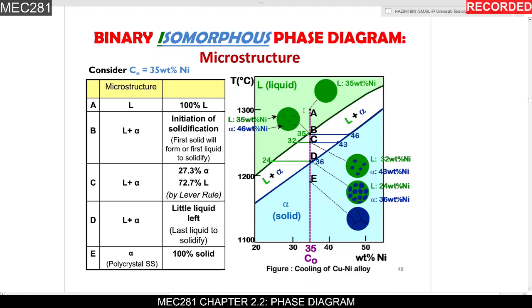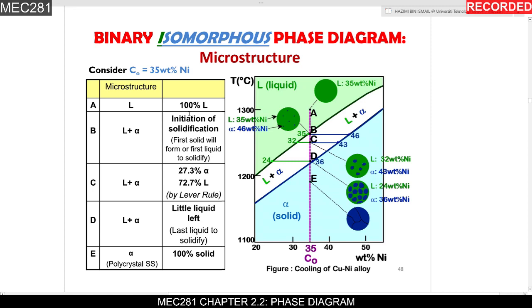From the phase diagram that we have learned, we can determine the phase present at a particular point, where you know the value of temperature and composition. The information we obtain here is the information of the process conversion.